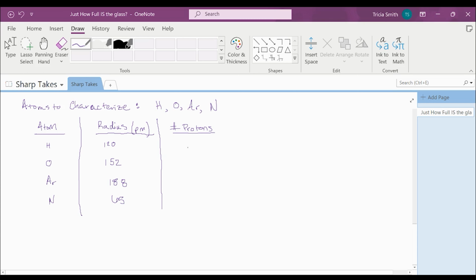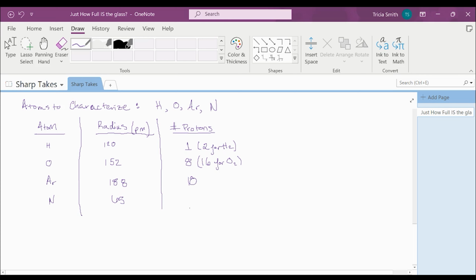Hydrogen has 1 proton. Oxygen has 8, or 16 for O2. Argon has 18.